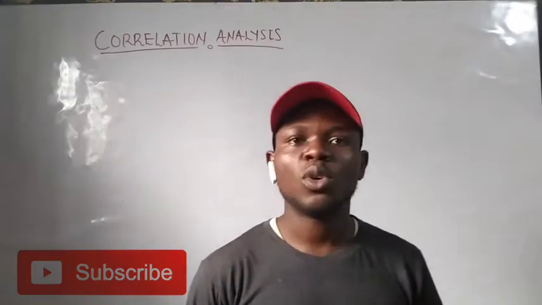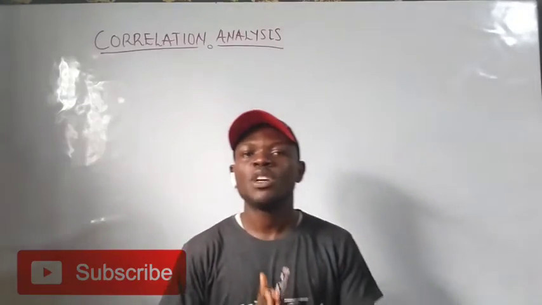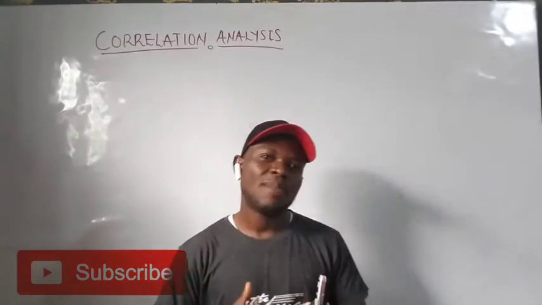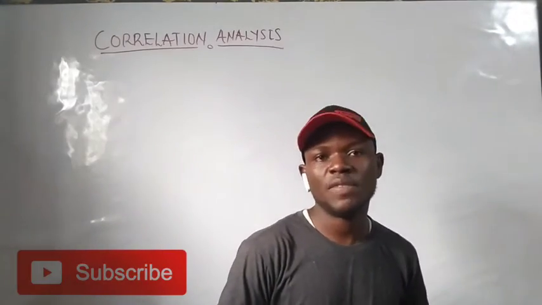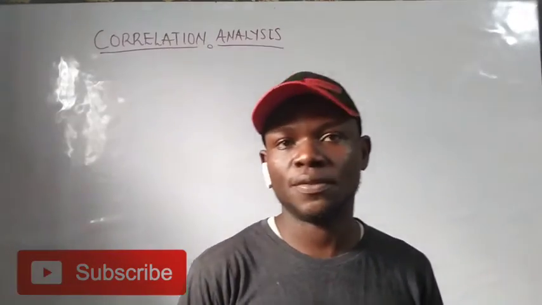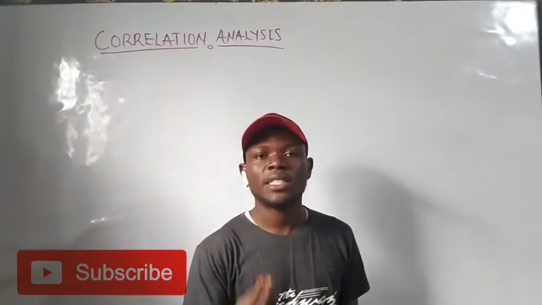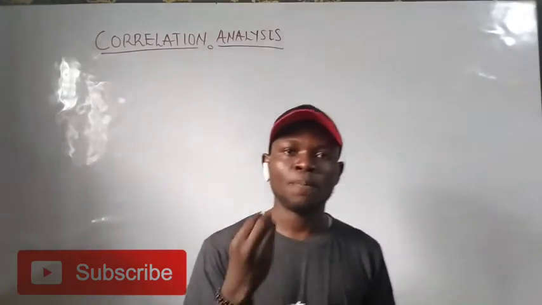Now, number one, there can exist a perfect positive relationship between variables, and there can be a perfect negative relationship between variables, even though such are not visible in real life. But when it comes to pure sciences, we come to realize that such can actually exist.